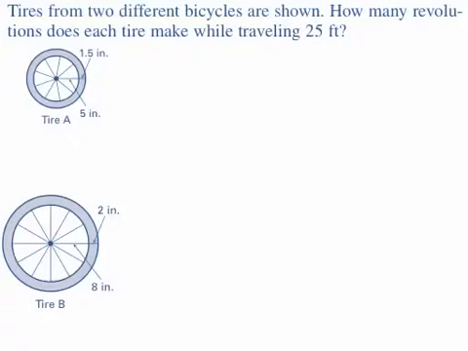This next example says tires from 2 different bicycles are shown. How many revolutions does each tire make while traveling 25 feet? The first thing that I need to notice is that for both of these tires, they've given us the spoke length, so from the center of the circle to where the tire begins, and then they've also given me the tire's width.